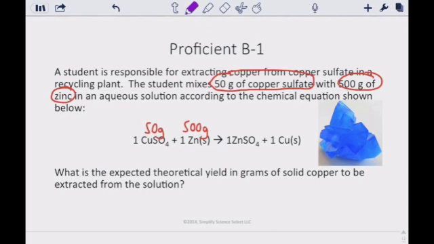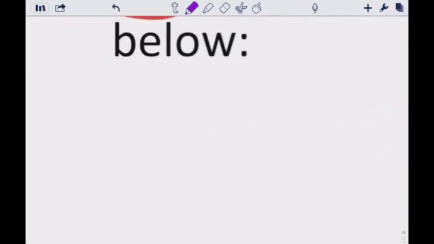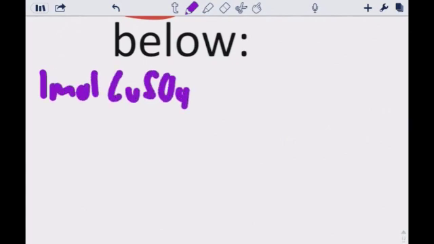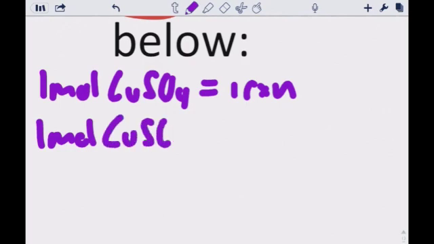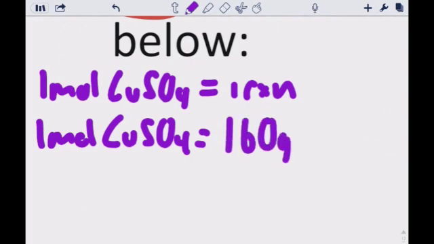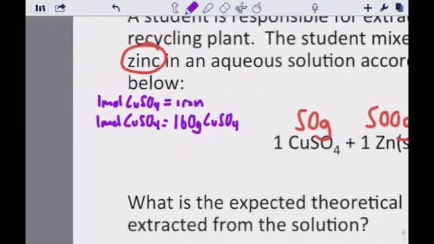So when we look at the copper sulfate, we know that 1 mole of CuSO4 equals 1 reaction. And then we also need the molar mass. So 1 mole of CuSO4 equals the molar mass, which is right around 160 grams of CuSO4. Okay, so we start with what we're given.